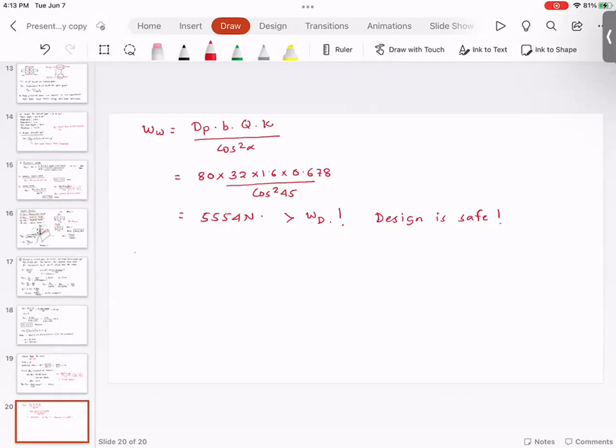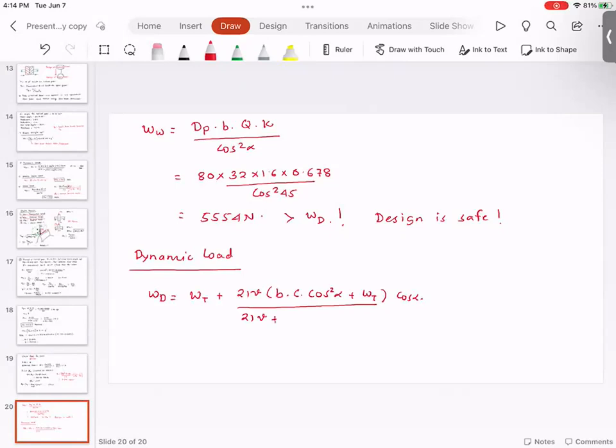So dynamic load WD, WT, 21V, PC cosine square alpha, WT cosine alpha divided by 21V plus square root of PC cosine square alpha plus WT.